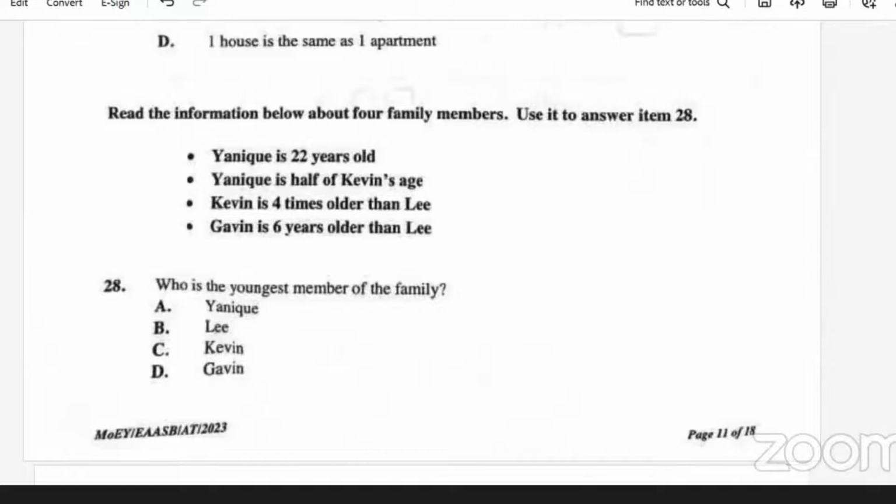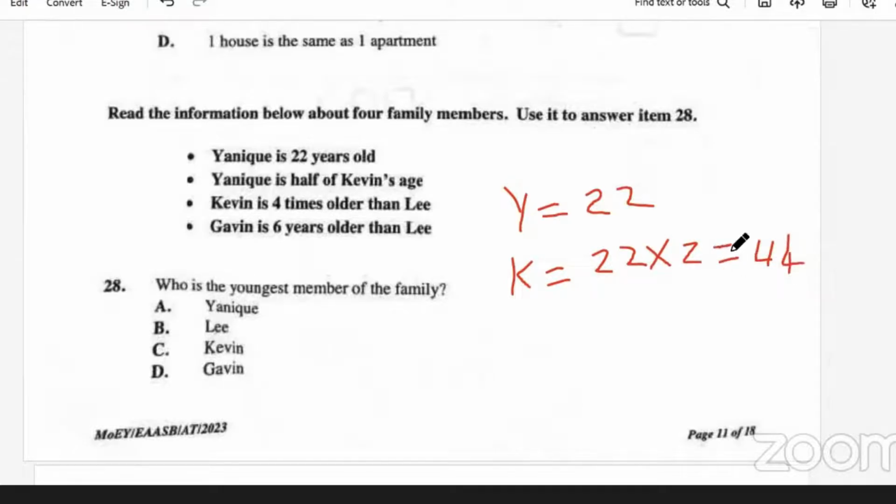So we know Yannick's age. Yannick is 22. They say Yannick is half of Kevin's age, so Kevin would be Yannick's age times 2, which is 44. So Kevin is 44.